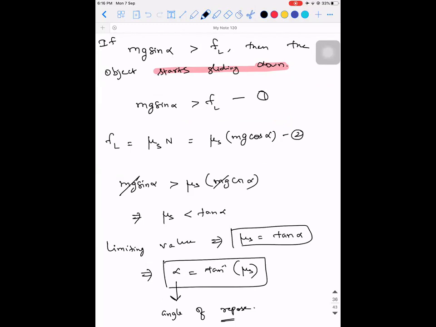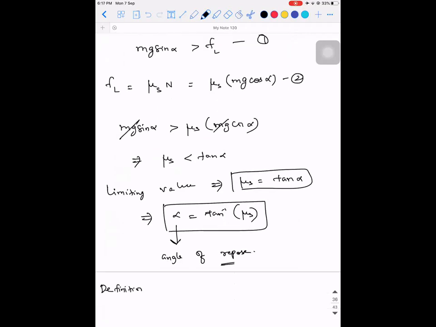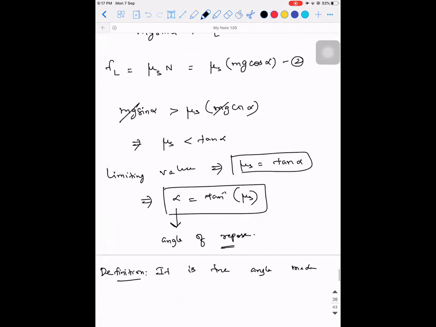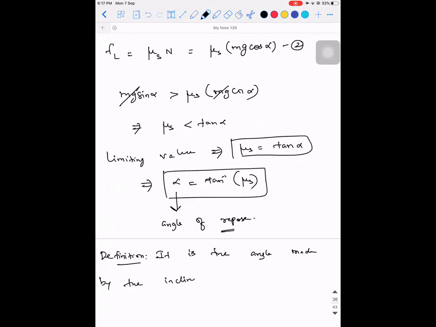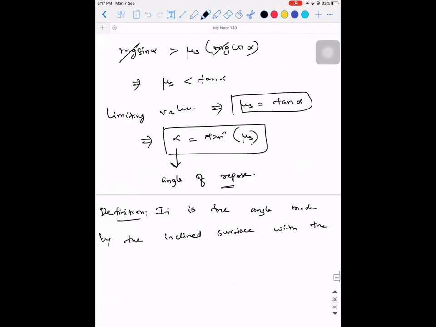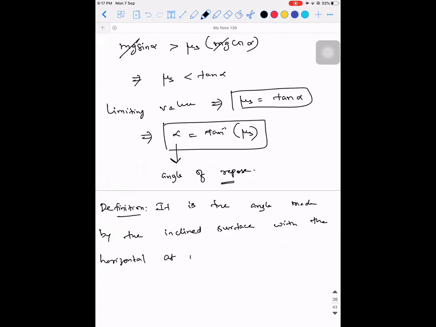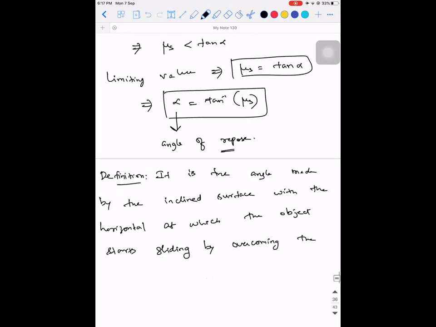Looking at all these factors, will we be able to give a definition? Can you try giving a definition of what is angle of repose? It is the angle made by the inclined surface with the horizontal at which the object starts sliding by overcoming the frictional force.